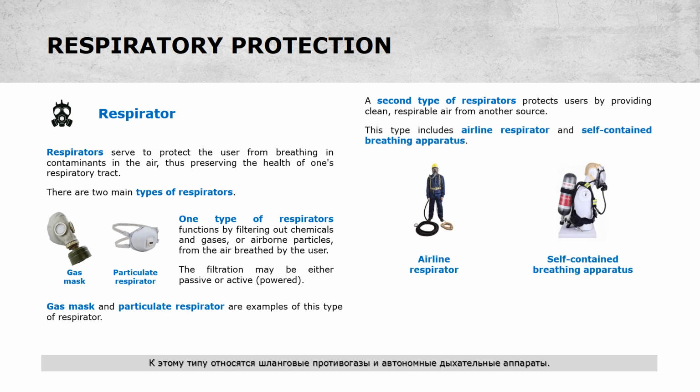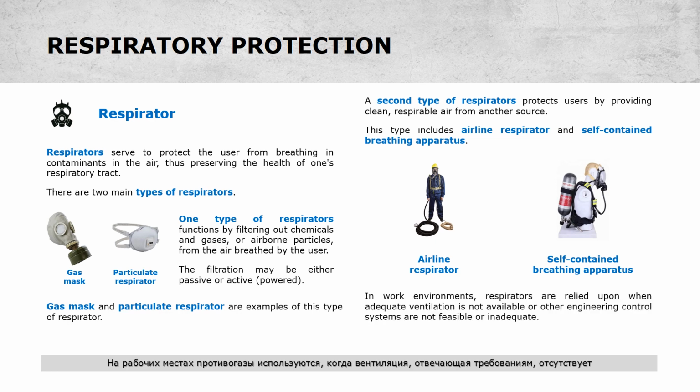This type includes airline respirator and self-contained breathing apparatus. In work environments, respirators are relied upon when adequate ventilation is not available or other engineering control systems are not feasible or inadequate.